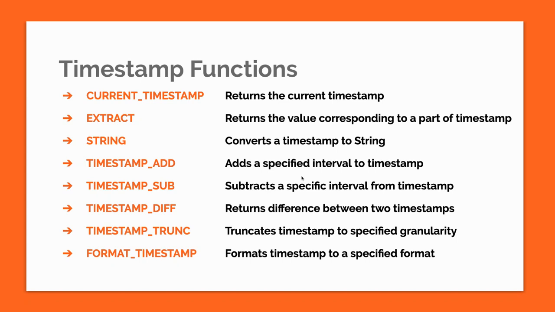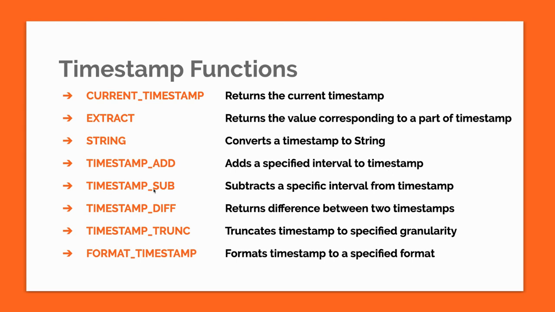These are the different timestamp functions that we are going to learn today. CURRENT_TIMESTAMP returns the current timestamp. EXTRACT returns the value corresponding to a part of a timestamp. STRING converts a timestamp to string. TIMESTAMP_ADD adds a specified interval to a timestamp.